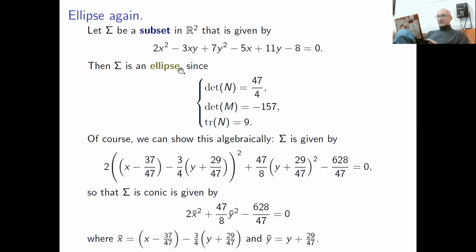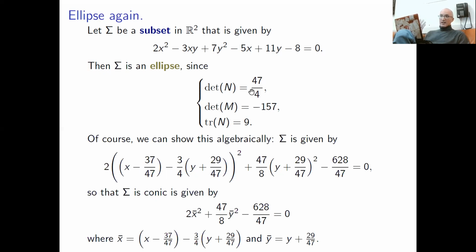Okay, another example, using this 3 by 3 matrix M. Let's consider this subset. Again, this is an ellipse. We check: the determinant of the 2 by 2 matrix is positive, the determinant of the 3 by 3 matrix is negative, and the trace of your 2 by 2 matrix is positive.